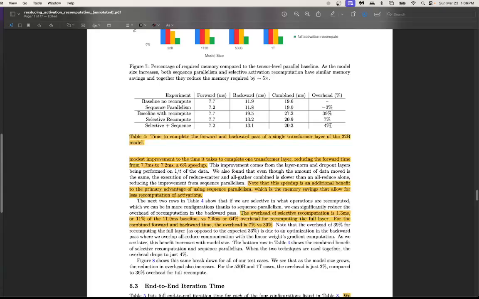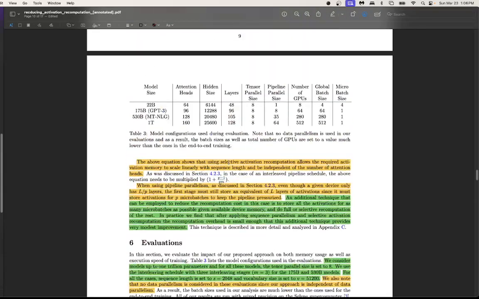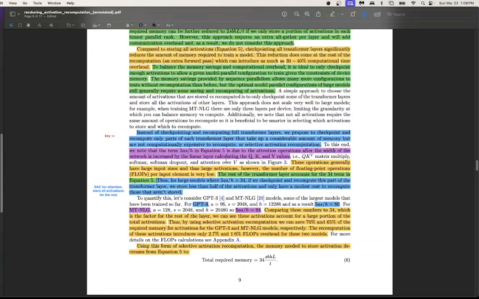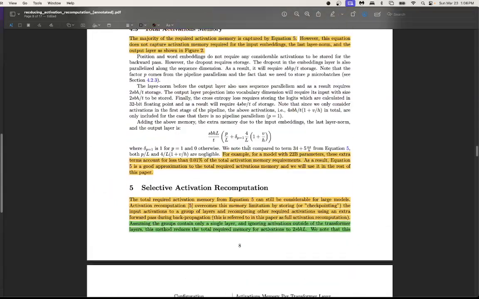Sorry, I missed, was there a ratio of the flops to activation memory that they used for deciding the selective recomputation? Yeah, it was right here. To answer your question directly, they use this ratio of 5AS over H, which is 5 times attention heads times max sequence length divided by hidden dimension, which is from our equation up here.